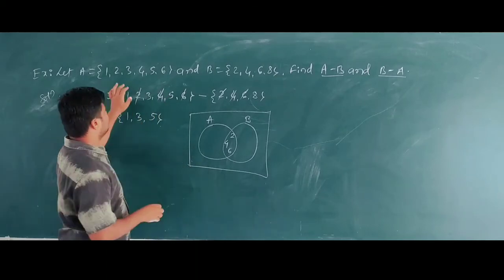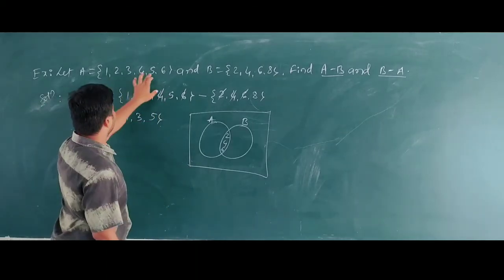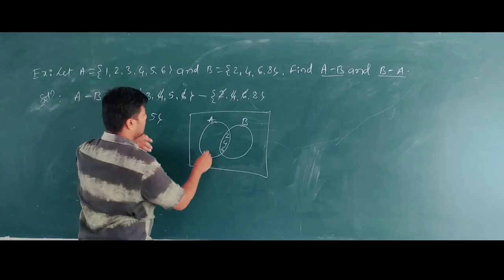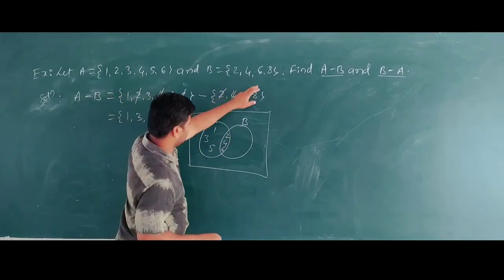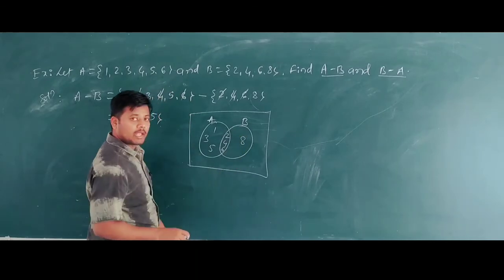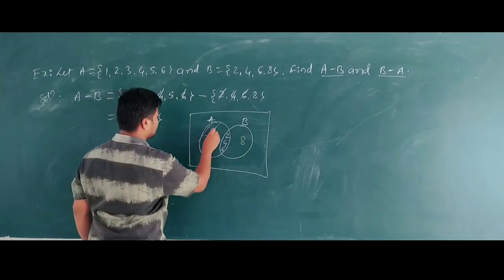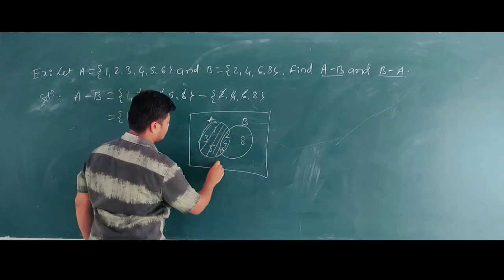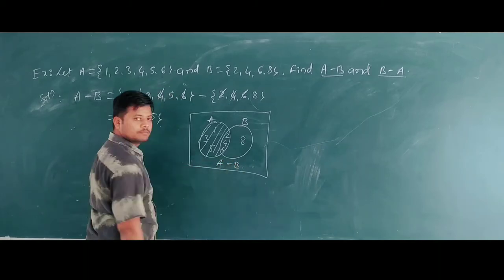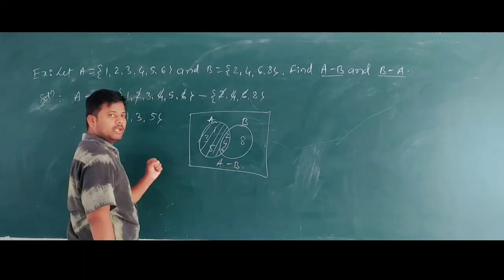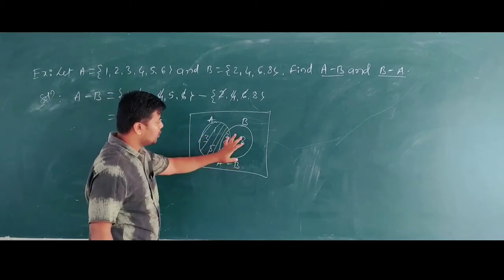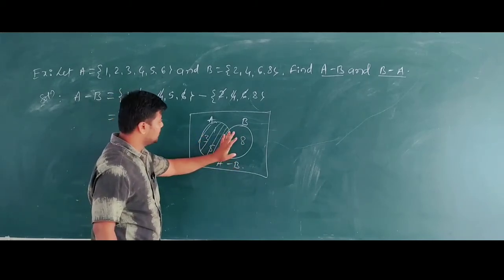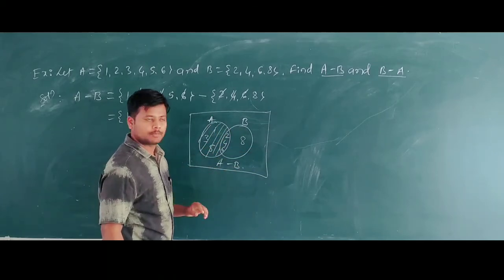Remaining elements for set A are 1, 3, 5. Remaining elements of set B, 2, 4, 6 are given. Then A minus B is this region. Clear? The only elements belonging to set A but not belonging to set B. 2, 4, 6 is common. These elements also belong to set B.